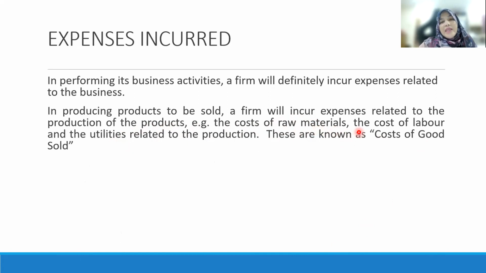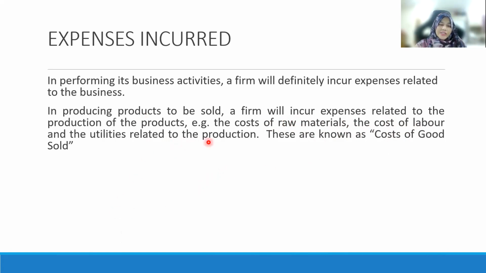Remember, Nestle, in producing the instant noodle, definitely they need to buy flour, they need to buy salt, right? And then they need to buy all the ingredients to make the instant noodle itself, to make the gravy. So all those are the cost of raw material. And then they also need labor. So it will have, of course, the cost of labor, the wages to the labor.